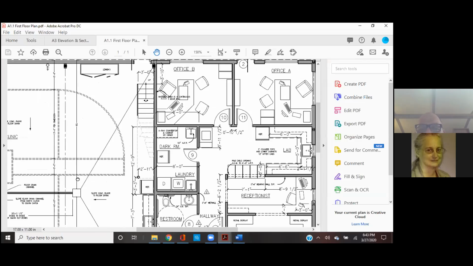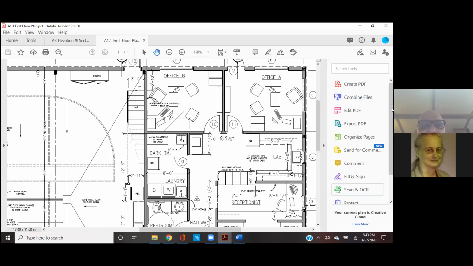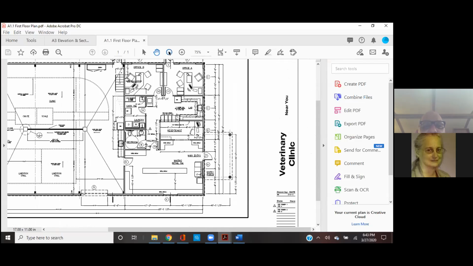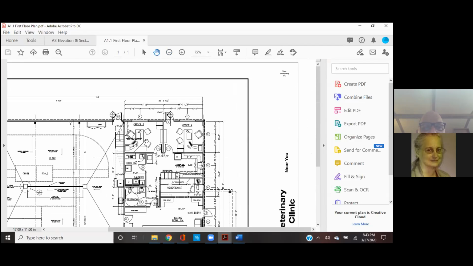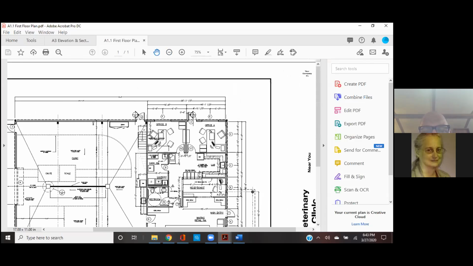Let me enlarge this a little bit. Where did I bring my water in? I think I brought it in going this way, and then right out past the sink. I brought my main water line coming in here, and then I went right across there.